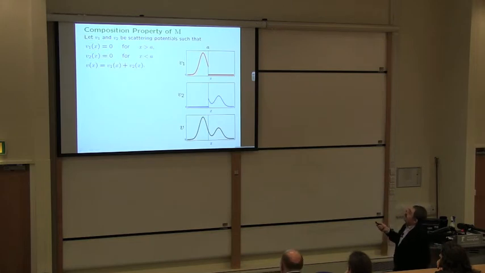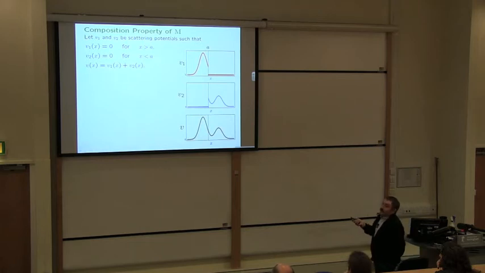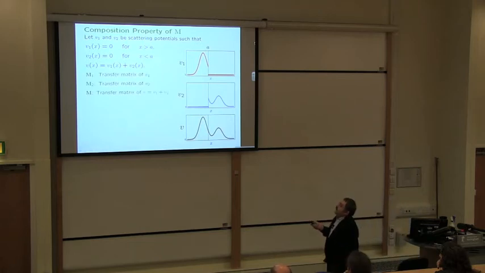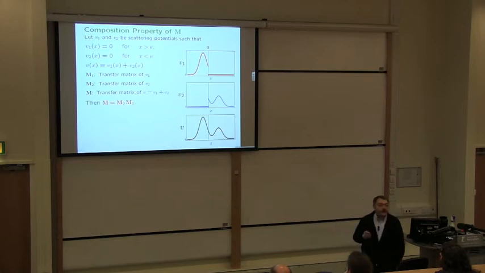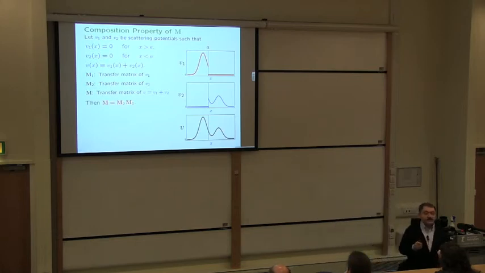That is, whenever one of them is non-zero, the other one should vanish. And this is their sum. If M1, M2, M are the transfer matrices for V1, V2, and V, you can show that M is related to M1 and M2 by just matrix multiplication. Remember, this is a unit determinant matrix, so this is in the group SL2C. So this is just a group multiplication in SL2C.